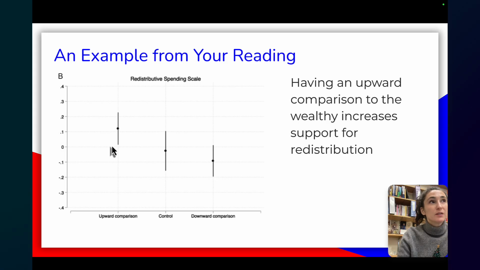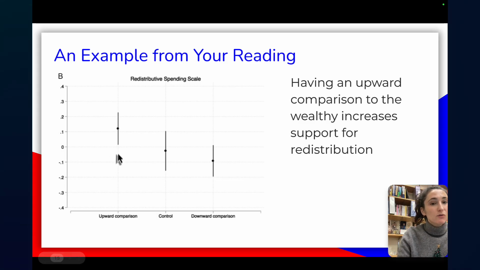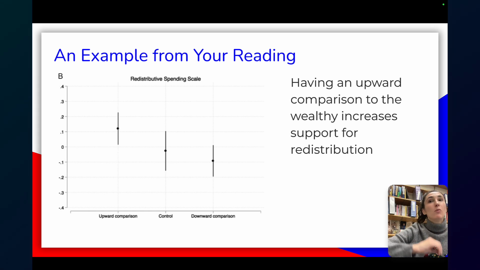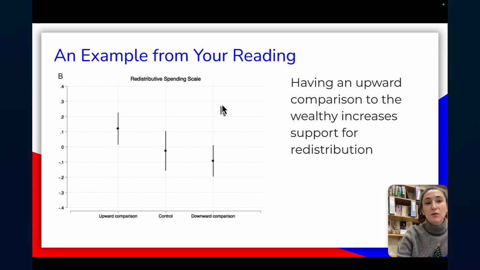The upward comparison is think about the wealthy, having a social interaction with them, and then asking them, how do you feel about redistribution? People who were asked to do an upward comparison to the wealthy, that increased support for redistribution. So when people thought about the wealthy, they largely increased support for more redistribution. And they did that with the redistributive spending scale here.